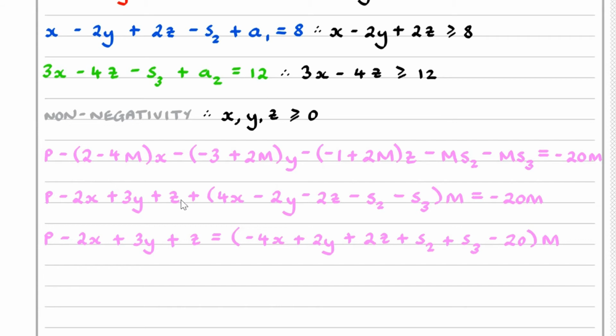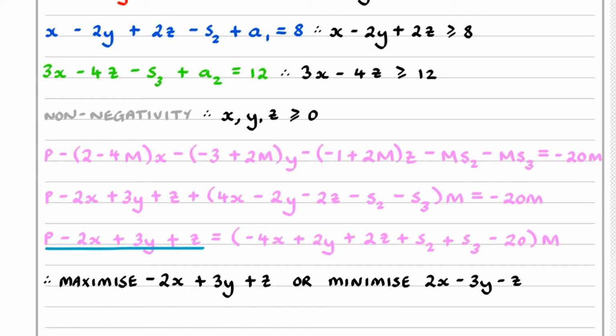So what does this mean? Well, if I concentrate on what I have on the left hand side, we can maximize minus 2x plus 3y plus z, which is the same as minimizing 2x minus 3y minus z. So here are two possible objective functions.